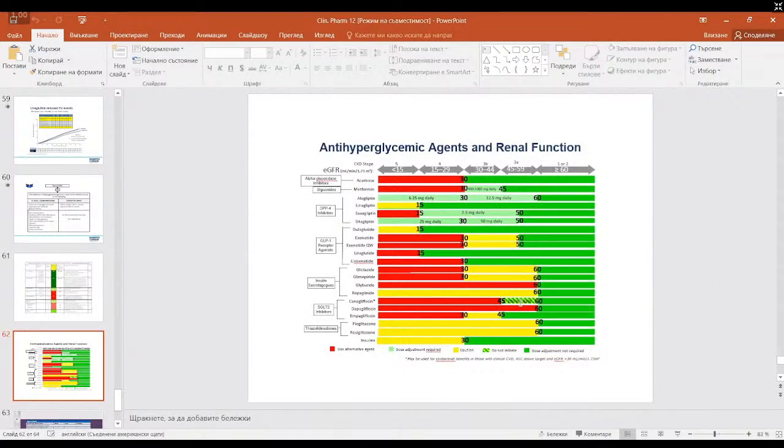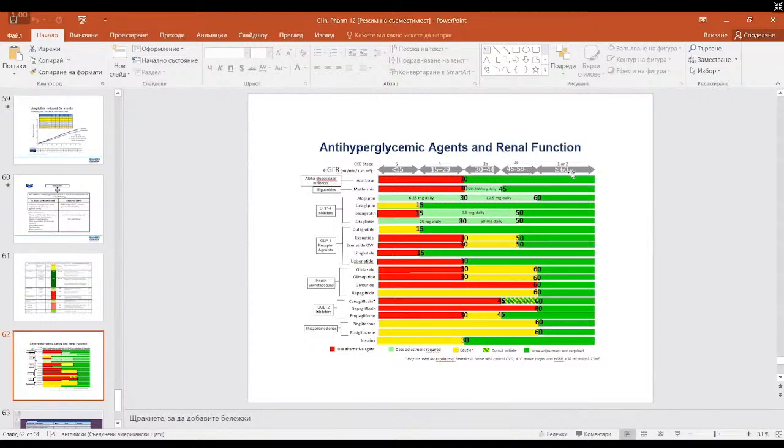Also, another very important table. This shows you which drugs are safer in terms of renal function and which drugs are contraindicated in renal failure. You see that glyburide is absolutely contraindicated in patients with lower than 60 milliliters per minute creatinine clearance.